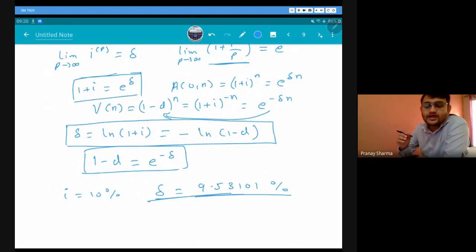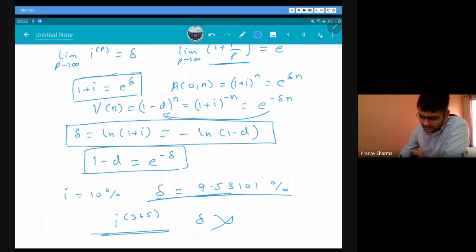Now we'll do that only if they ask us. If they ask you to calculate i^(365) and you give them the answer as delta, they will mark you wrong, because they asked you i^(365). They did not ask you to find delta. So we will not just be using delta anywhere we can, but we'll be using delta when they ask us. I gave you the concept of why delta was created.